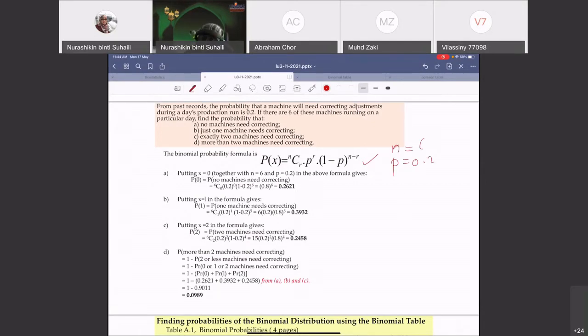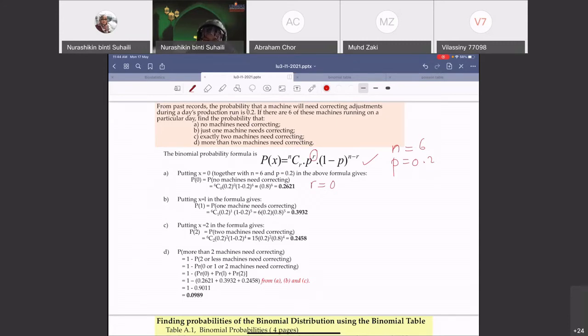N is equal to 6. So what does R mean? R is the event that you are analyzing. For example, in the first question, no machine needs correcting, so R is 0. In this case, R is 0. That's how you substitute the values.